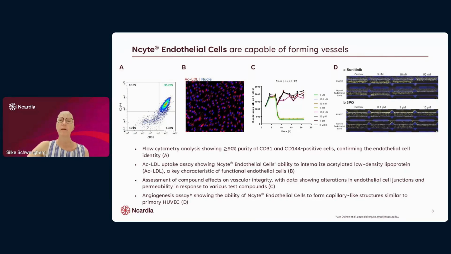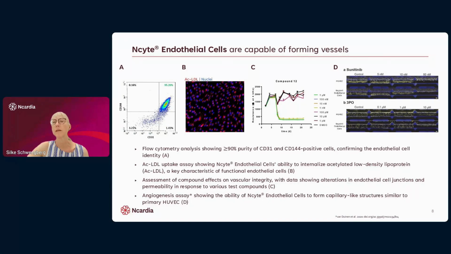In panel D, this was an experiment done at our colleagues at Mimetas. You can see a classic sprouting assay in one of their microtissue setups. Here they compared our Ncyte endothelial cells against the gold standard HUVEC primary cells.